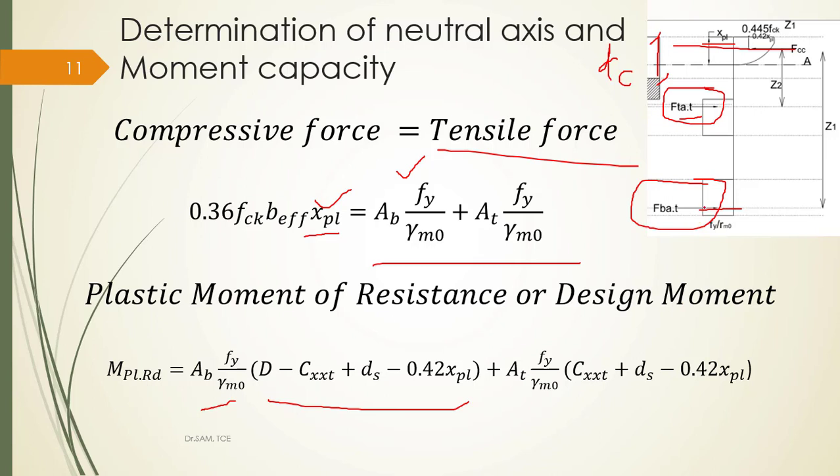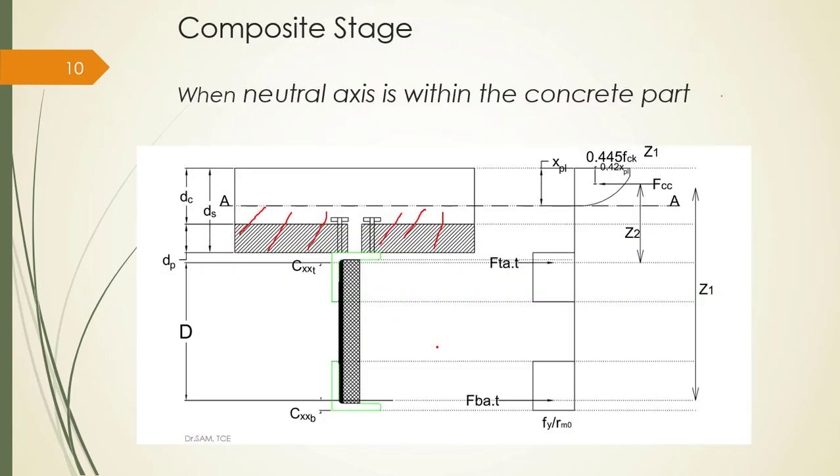See here, this is the CG. From the CG to the CG of the angle is D. Then you know this is the CG. I'll explain here. See here, from this end to this end, this is your Z1. That is calculated by, from this to this distance is capital D, and this distance to the top of the angle is nothing but Cxxt, and you add ds.